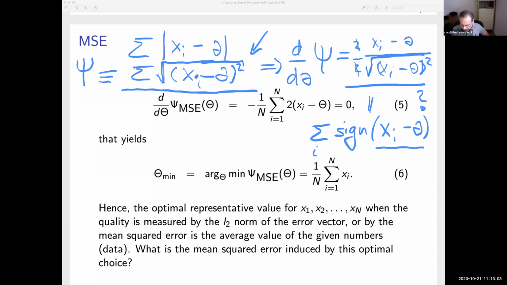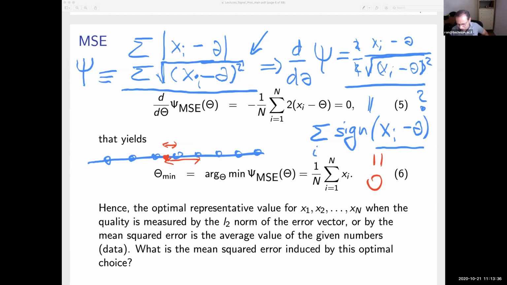Now remember, I have my numbers, and my numbers are ordered from smaller to larger, and I'm looking for a representative number, this red dot, such that the differences between this red dot and all the blue dots sum up to 0.